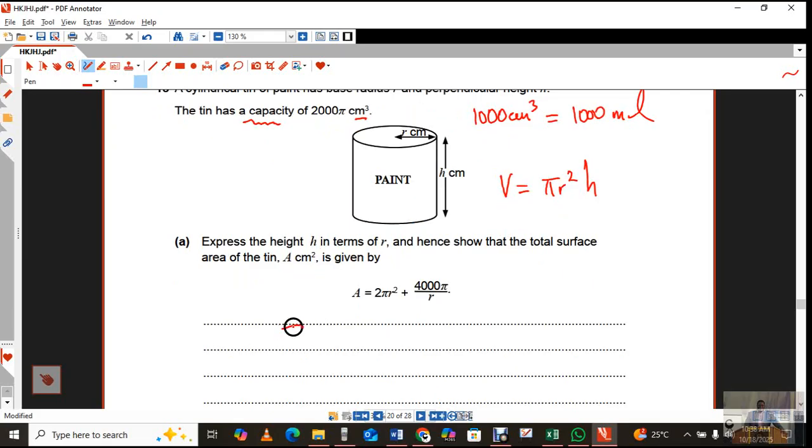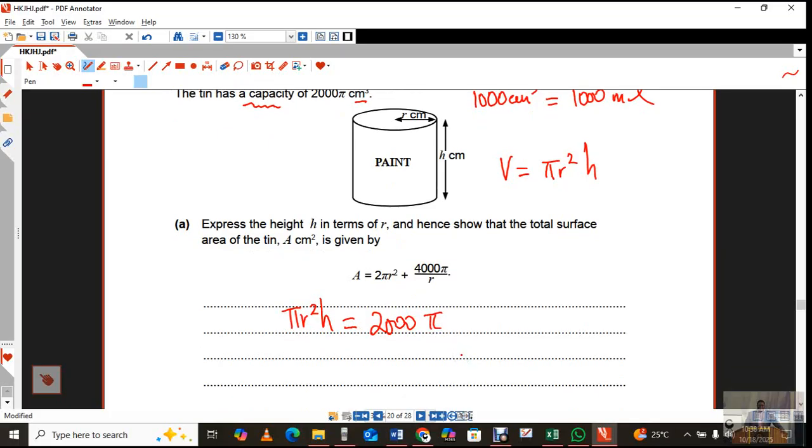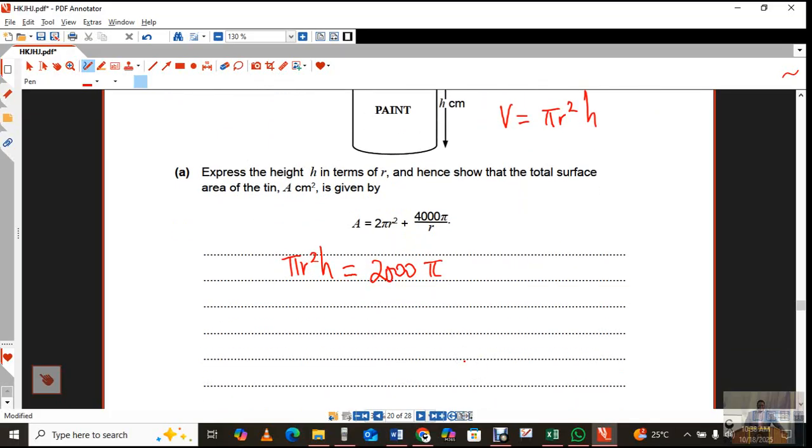So the volume, which is pi r squared h, is equal to 2000 pi. Now I need this formula to find the value of h in terms of r. So h is going to be 2000 pi divided by pi r squared.